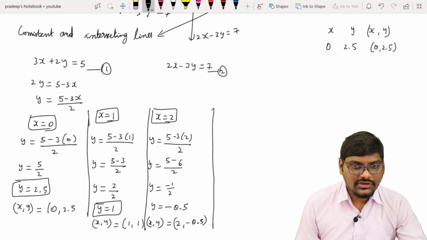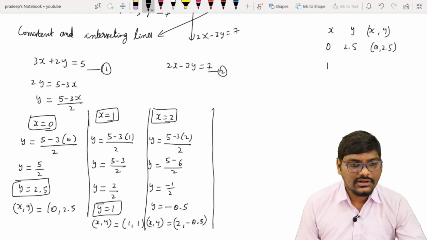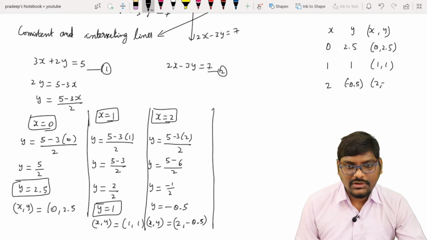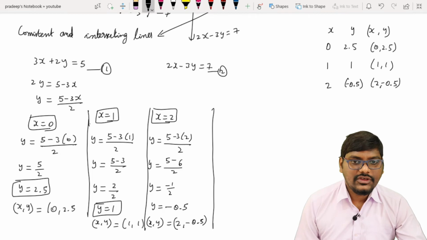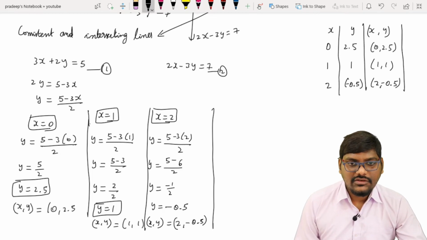Second one we got x equal to 1. When we took x equal to 1, we got y also as 1. So this is 1 comma 1. And the next thing, we took x as 2 and we got y as minus 0.5. So we got 2 comma minus 0.5. Alright, so these are the points which we got, which we will be drawing now on the graph.